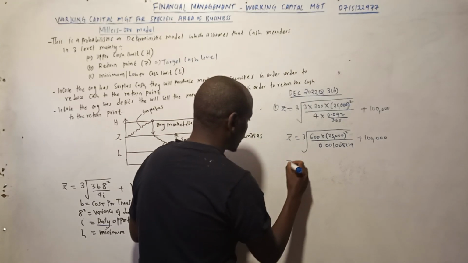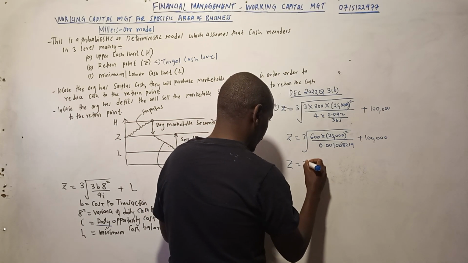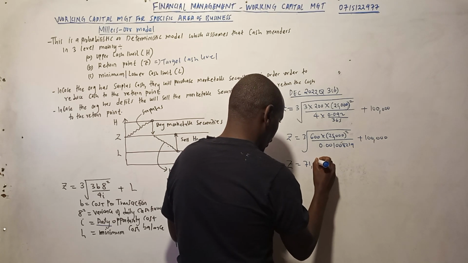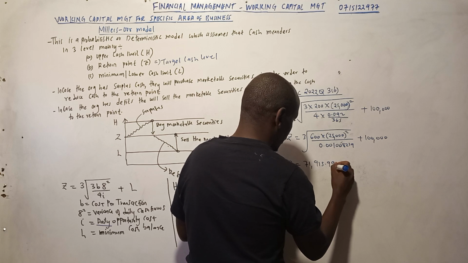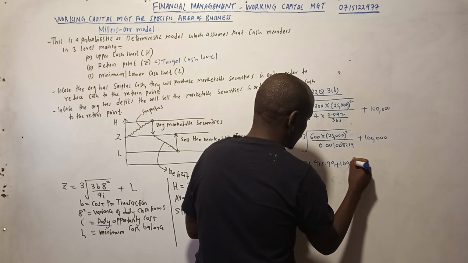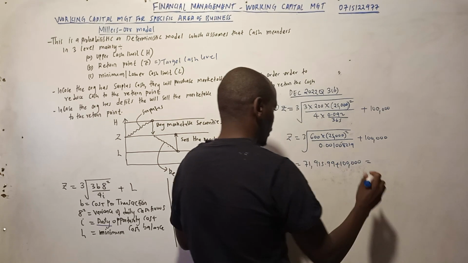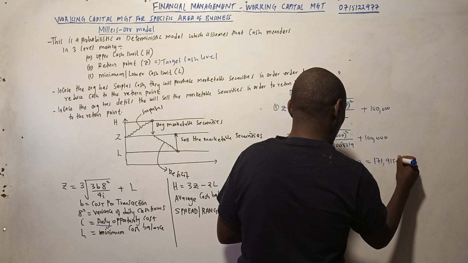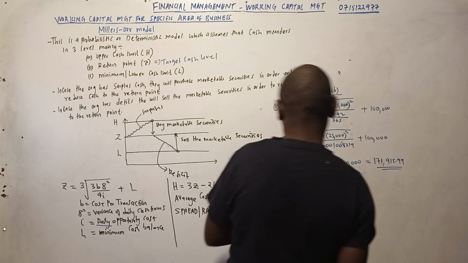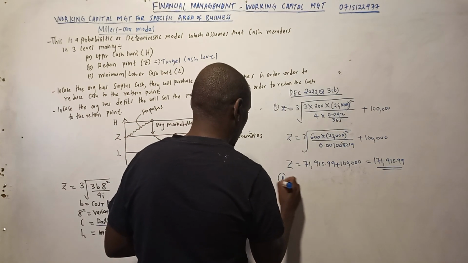So nikifanya hivyo unapata 71,915.99 plus 100,000, which is the same as saying 171,915.99. So that is the Z.